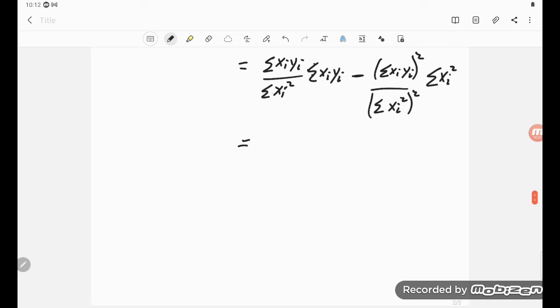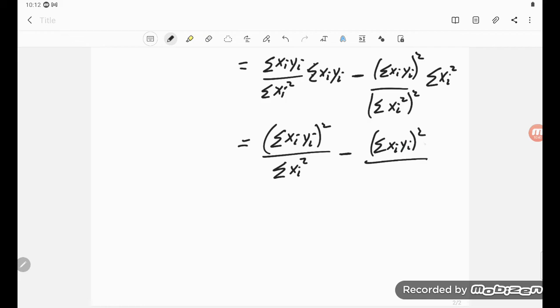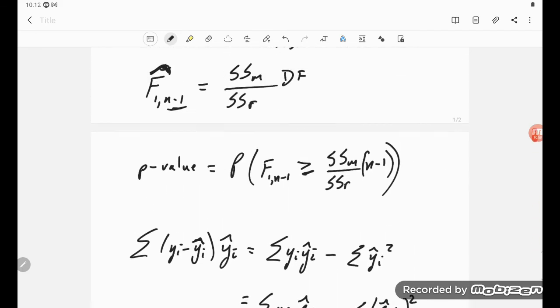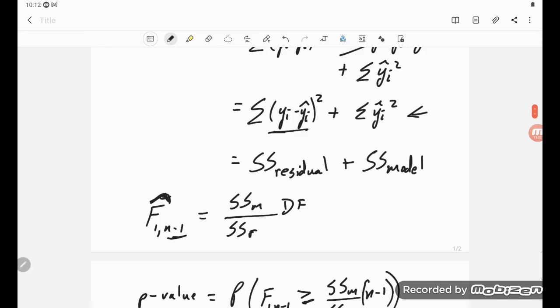So now on the left here we get the sum of the xi yi all squared over the sum of the xi squared, and then minus, again we get the sum of the xi yi squared, and then we've got that same term down here squared, and so we end up with the sum of the xi squared, and so we get 0.